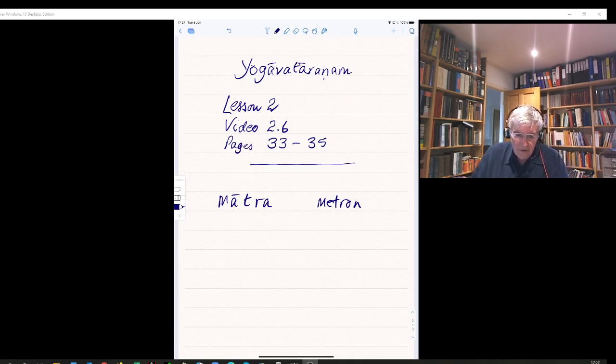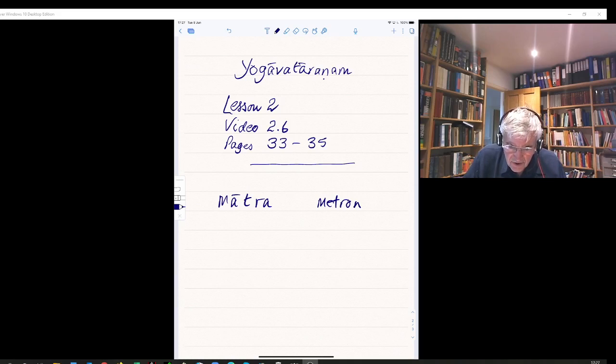So you have a 2-line verse, a shloka, typically with each line having a natural break in the middle. So half verse, and then a half verse, making the entire stanza.